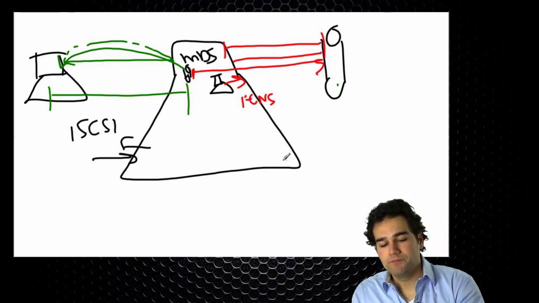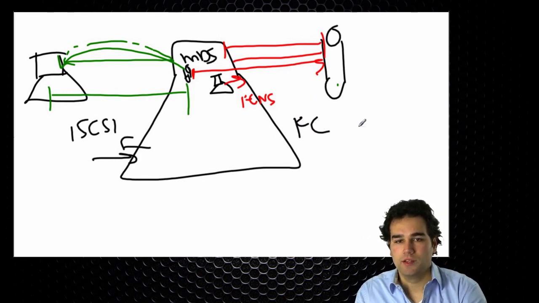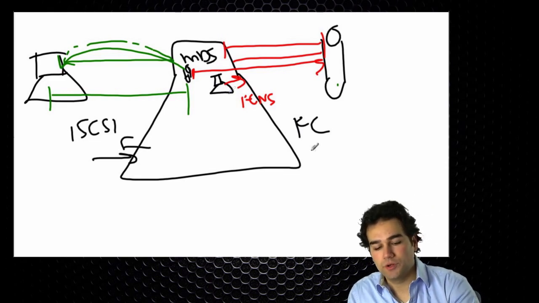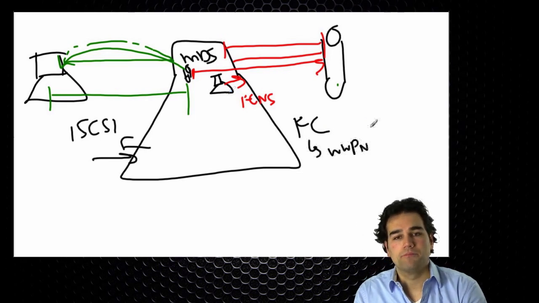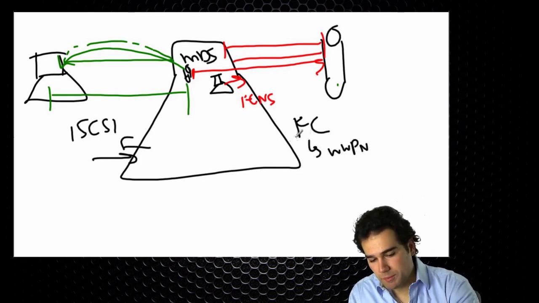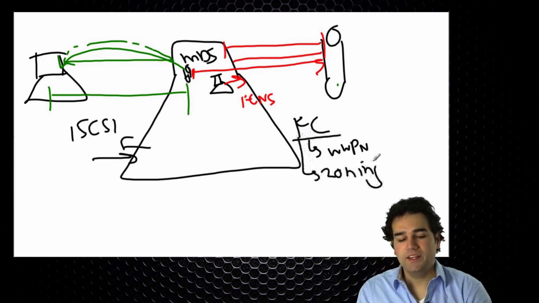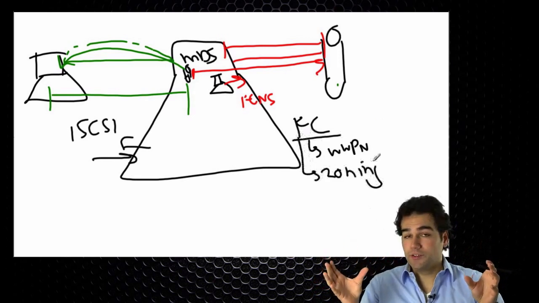Then second, I configure the fiber channel part of the configuration. How is this host advertised on the network? So which WWPNs does it get, for example? But the most important step here is zoning. I need to zone the server and the disk, or the initiator and the target, together.